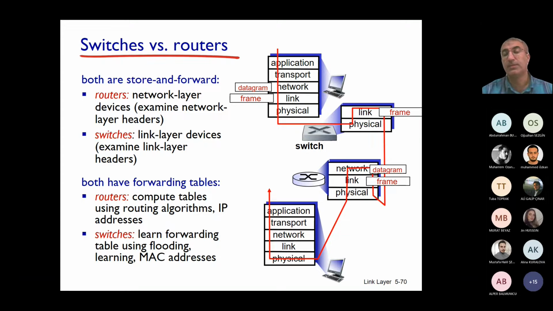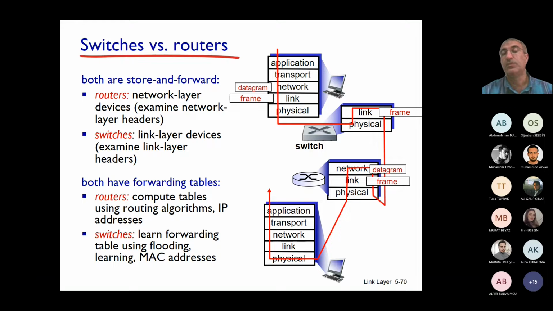How do we achieve this? By examining the headers. The routers look at the network layer header of the incoming datagram, and the switches examine the link layer header by looking at the header of the incoming frame. Both have forwarding tables, and routers compute these tables by using routing algorithms.